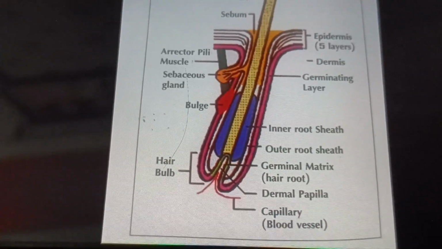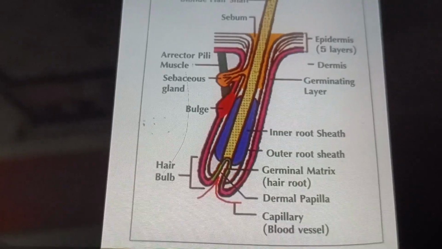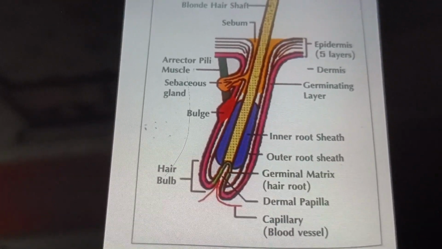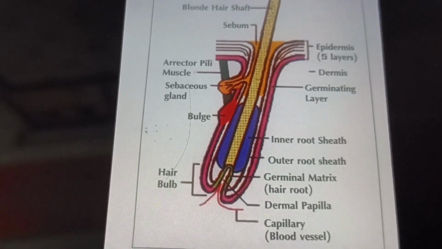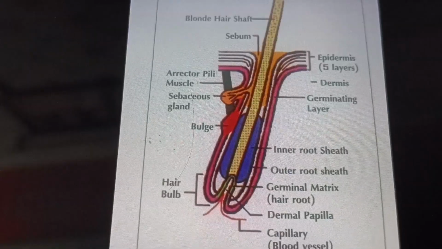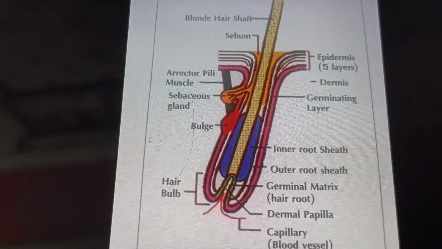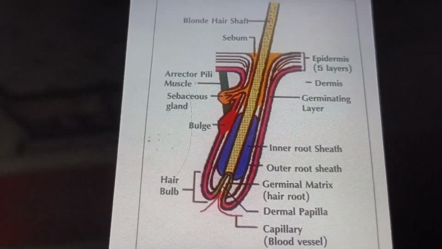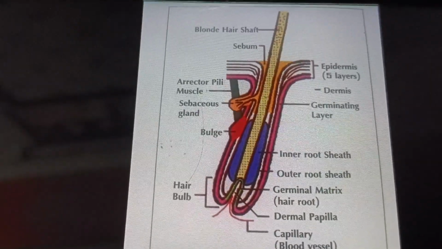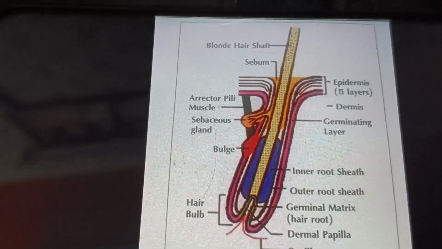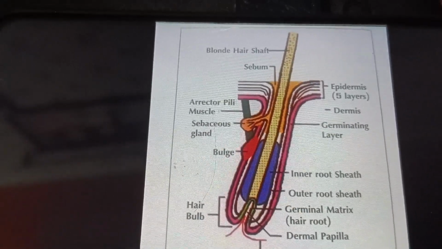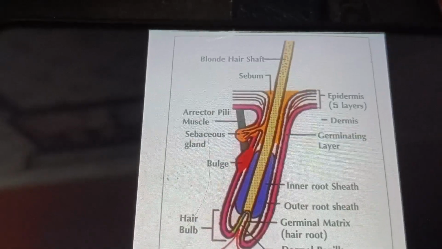Hair follicles are distributed all over the body with the exception of the palms of the hands and the soles of the feet. The follicle is located in the dermis, the inner layer of skin, where it is surrounded by the dermal papilla. It is not uncommon for more than one hair to grow from a single follicle.